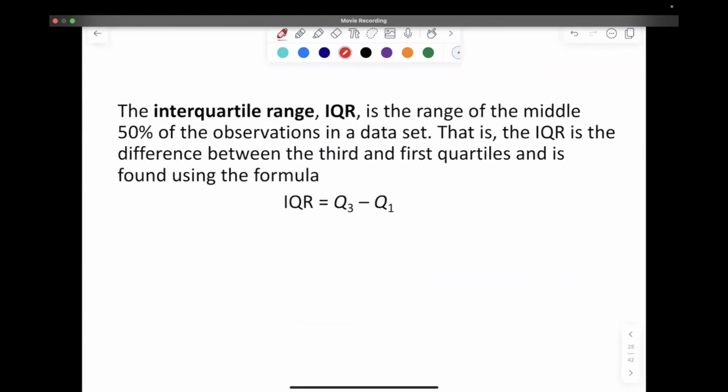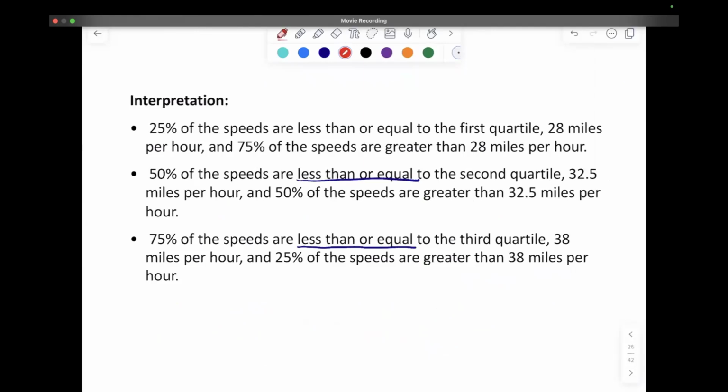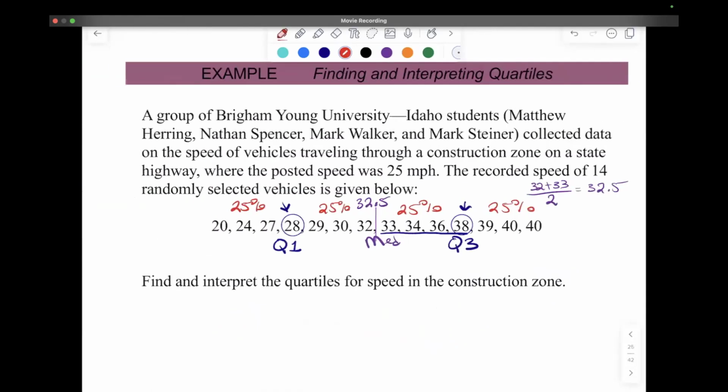Okay. So interquartile range. The interquartile range is the middle 50% of our data observations. So it's Q3 minus Q1. It is the range of that middle 50% of our data. I'm going to go back real quick here. The interquartile range, I'm going to use my lovely highlighter because I can, would be between here.